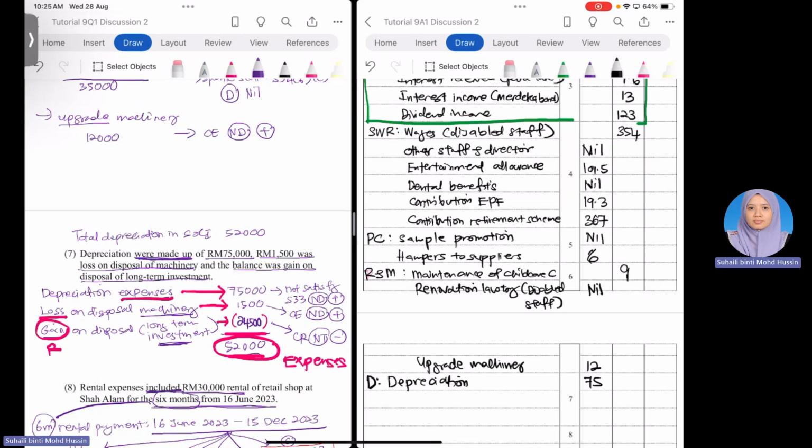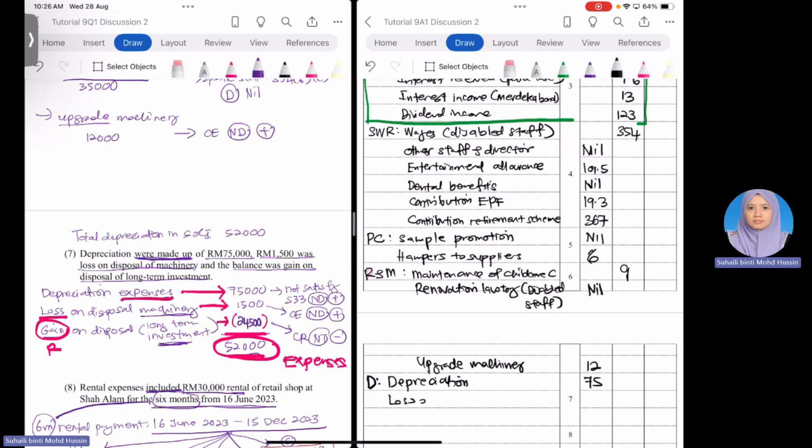Okay. Loss on disposal of machinery. This is capital expenditure. Machinery is an asset, and when you dispose of it, you get the loss. So this is capital expenditure. In taxation, of course, if it is not listed in any specific section, the result is not allowed for deduction.